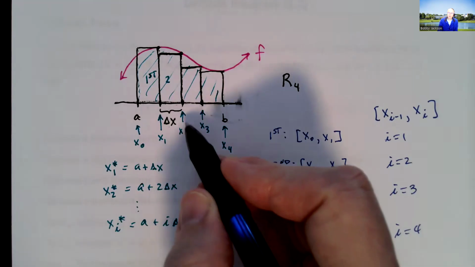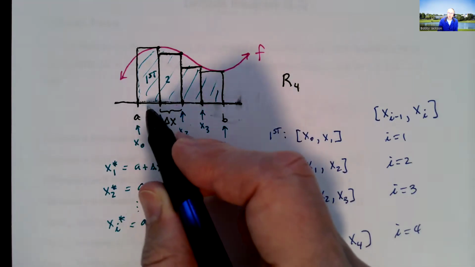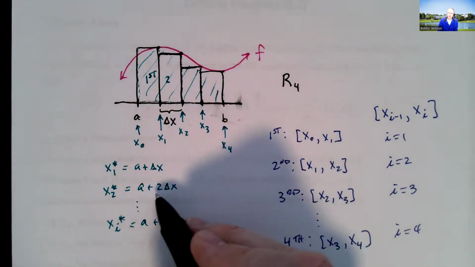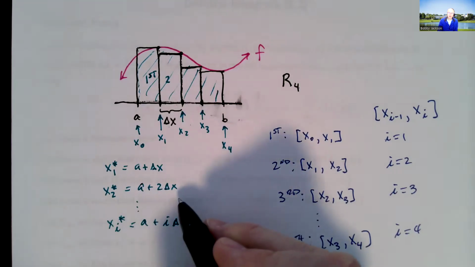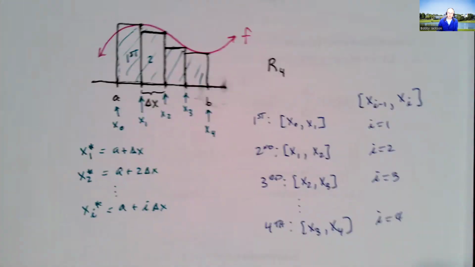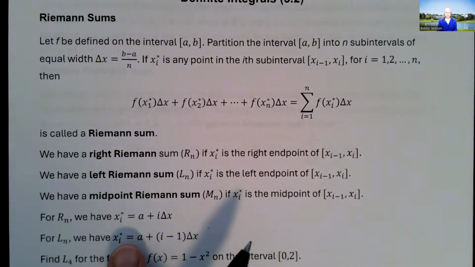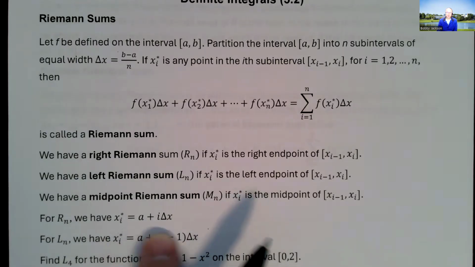All right, x sub 1 to x sub 2, our right-hand endpoint is x sub 2. How do we get x sub 2? Well, it's a plus 2 delta x. x sub 3 star would be a plus 3 delta x, and so on. In general, x sub i star is a plus i delta x. So that's where we're getting that formula for the right-hand endpoints. And that's the one we'll use mostly when we're doing these calculations later.